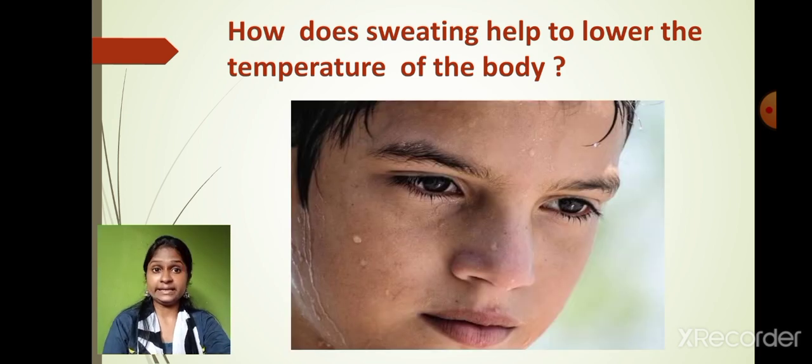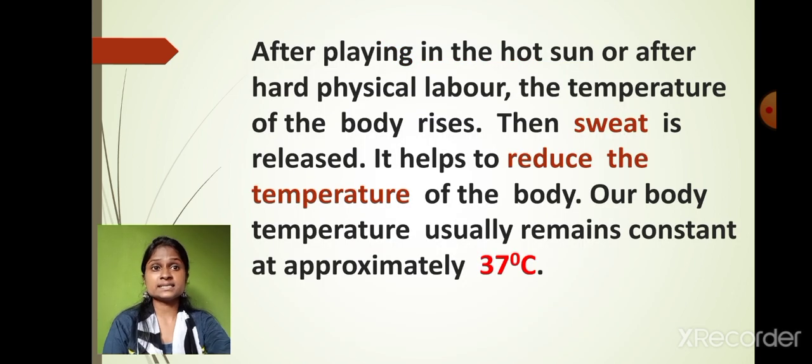Now you must be thinking, how does sweating help to lower the body temperature? See, the reason is that when you play in the hot sun or after doing any kind of physical activity, our body temperature rises a lot. And you all know that our body temperature should be 37 degrees Celsius in any condition. But when you do hard work, our body temperature increases.